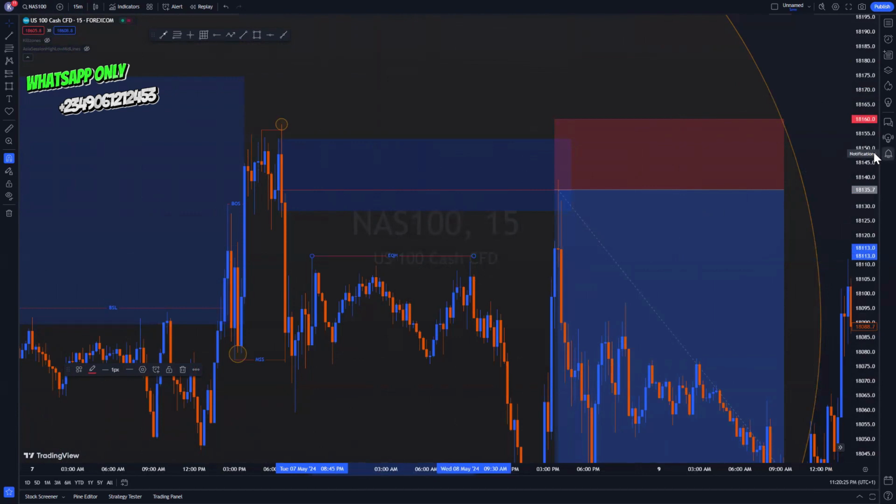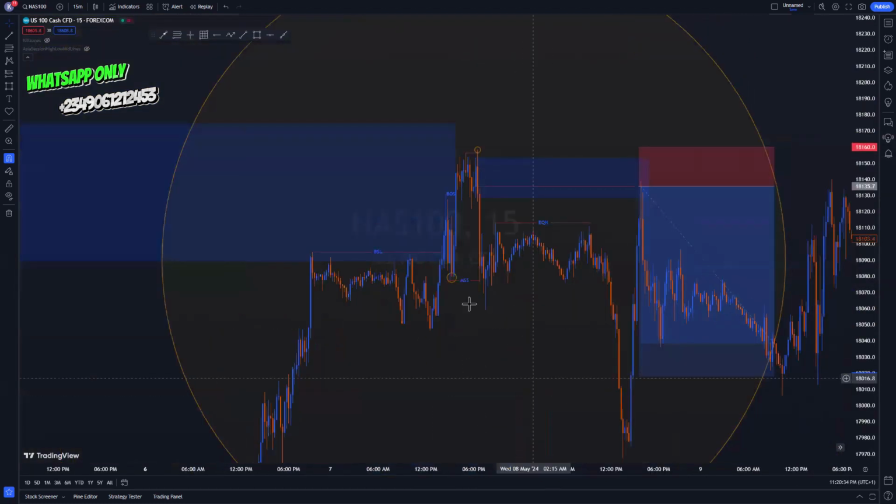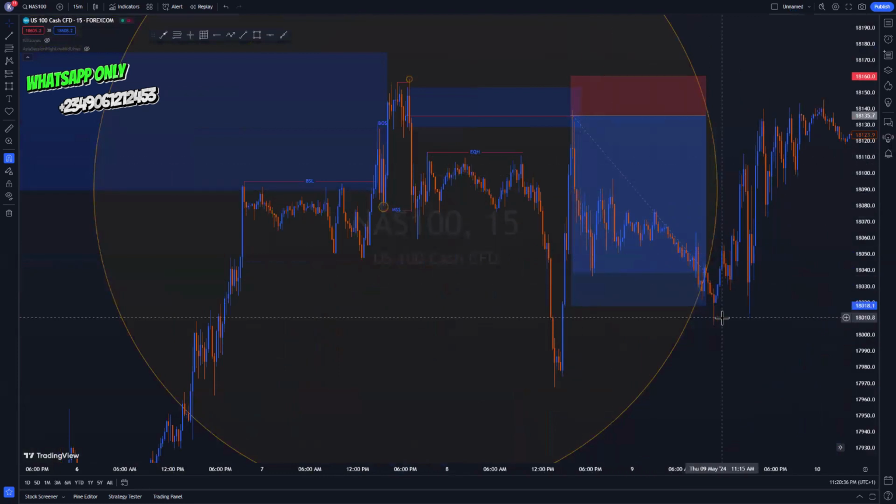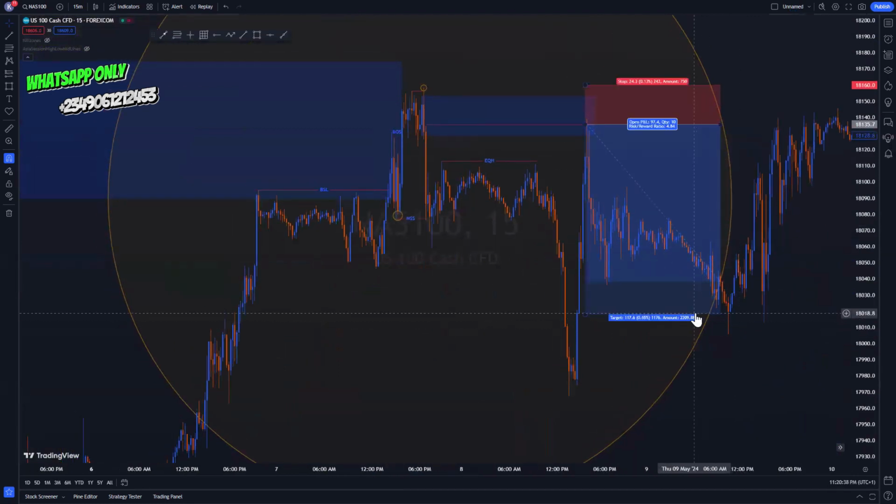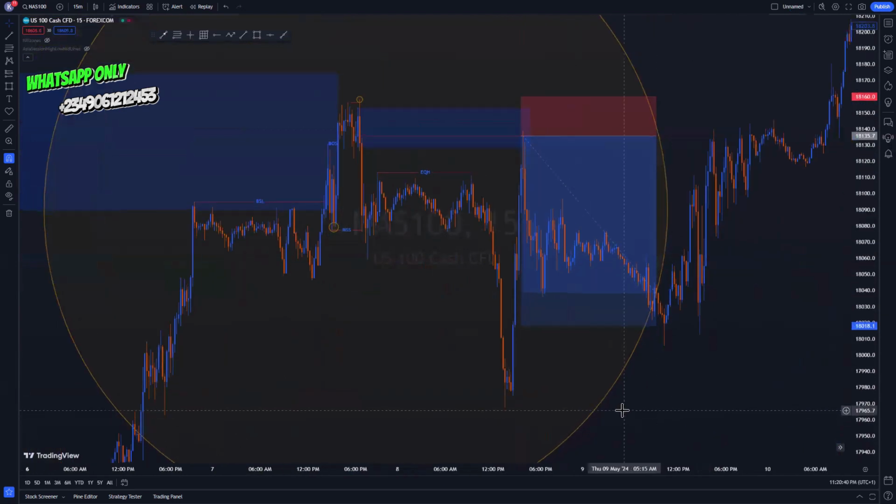For price to move significantly, price must grab liquidity from the opposite side. So price grabbing this buy side liquidity is what will give price the fuel to sell. It's as simple as that. What gives price the momentum to sell is that price is able to grab this equal high liquidity over here.